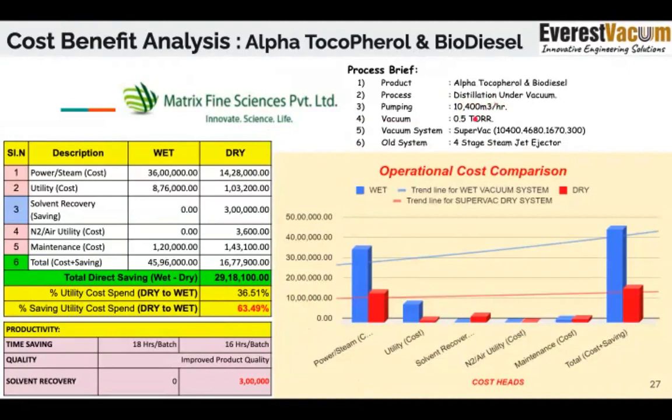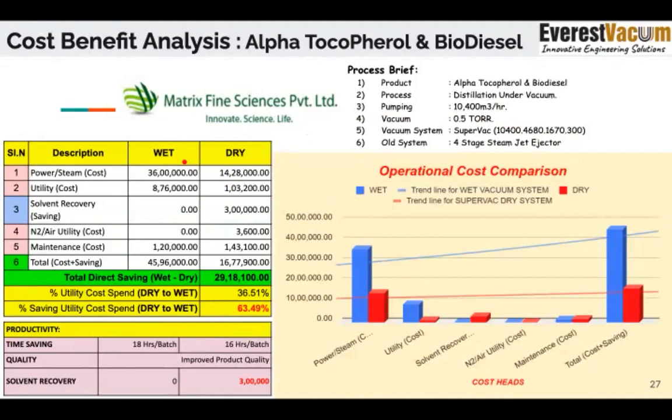Vacuum is 0.5 torr. Customer was earlier using a 4-stage steam jet ejector system, which has now been replaced by 10,400. This is the type of system that we have replaced it with. Now, if I make a comparison here, again, the total direct saving that the customer is getting.